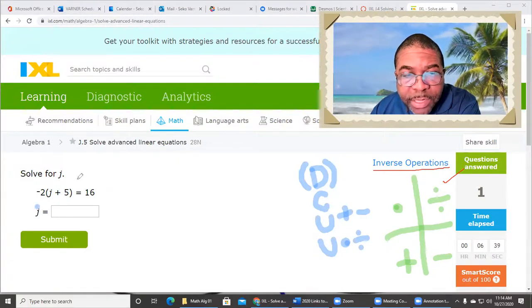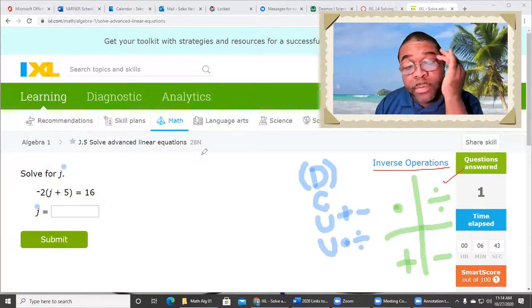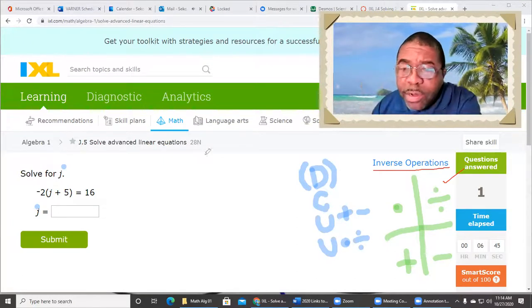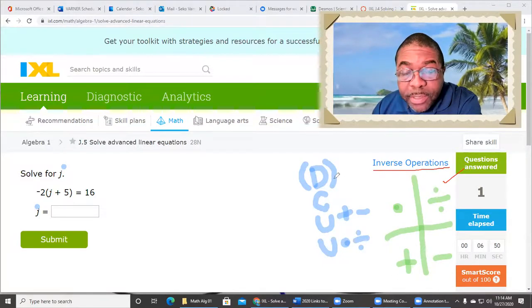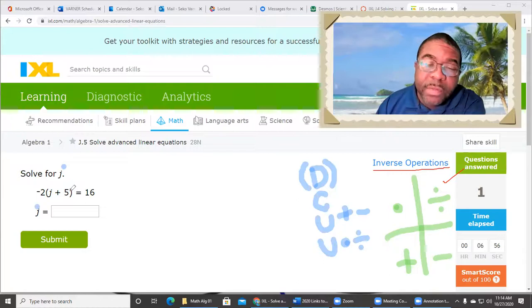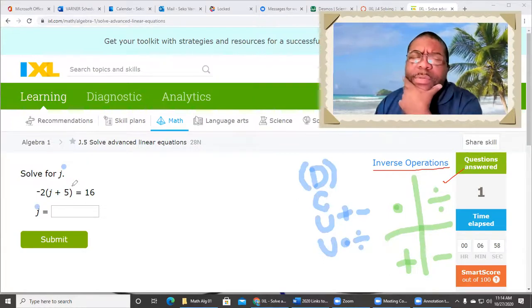We want to know what j is. We need to solve for j. Going through our DCUU process, I see parentheses, so we have to distribute the negative 2 onto j and the negative 2 onto 5. I'll give you a second to do that on your paper.